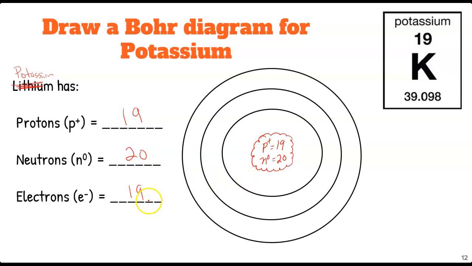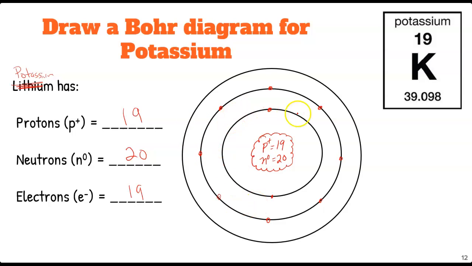And then I'm going to show this is the nucleus by doing this. All right. Now we have to do 19 electrons in the electron cloud. This is where knowing how many electrons fit in the energy levels is important. So we have 2 electrons in the first energy level. Then we have 8 that fit in the second energy level. So 1, 2, 3, 4, 5, 6, 7, 8.